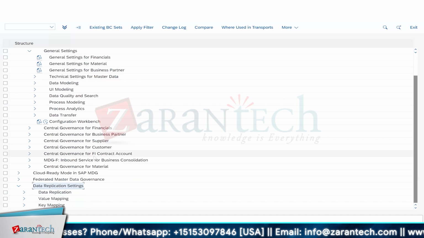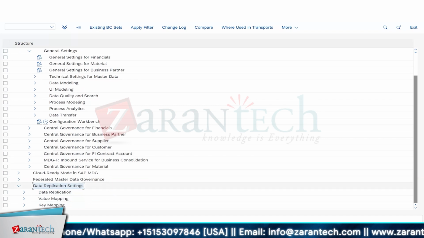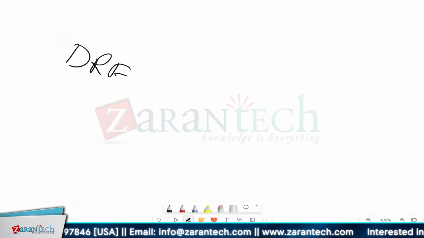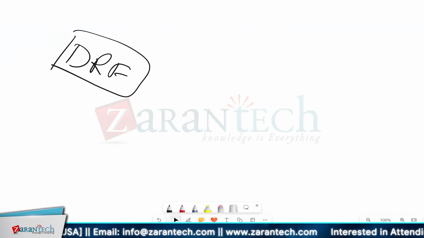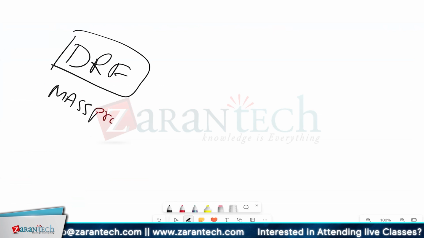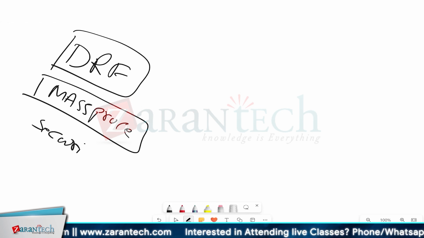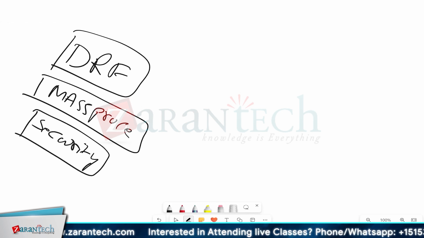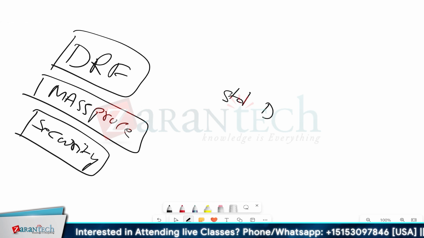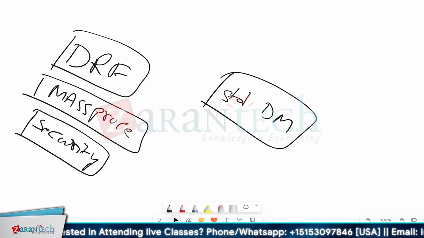So from the MDG point of view, the next important topics are basically two. One is data replication, DRF. The other one is mass processing, and something related to security, the roles and everything. And how we can extend the standard data models. So far, we created a custom data model, custom UI application, CR types and everything.